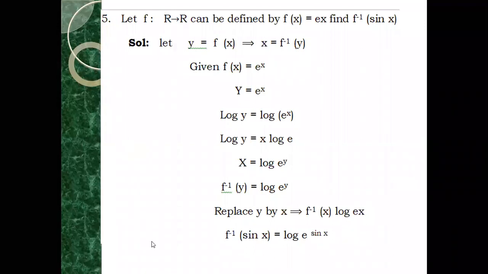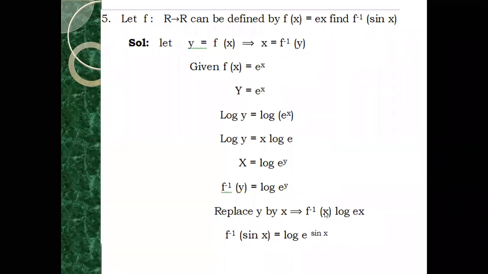Here we replace the x value, that is f inverse of y is equal to log y. Now replace y by x. f inverse of x is equal to log x.